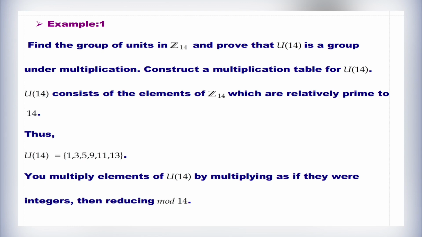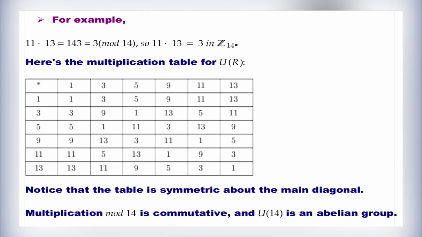You multiply elements of U(14) by multiplying as if they were integers, then reducing mod 14. For example, 11 × 13 = 143. When we divide 143 by 14, the remainder is 3. So, 11 × 13 = 3 in Z14.